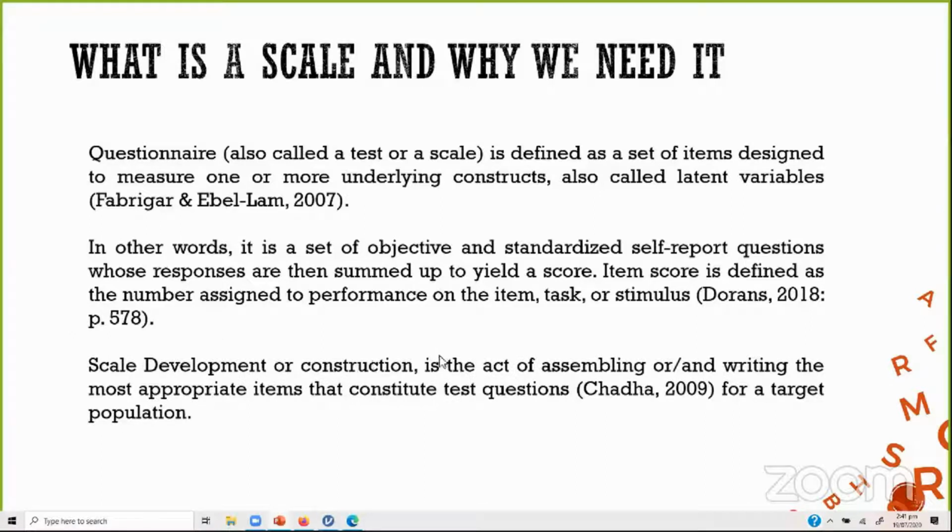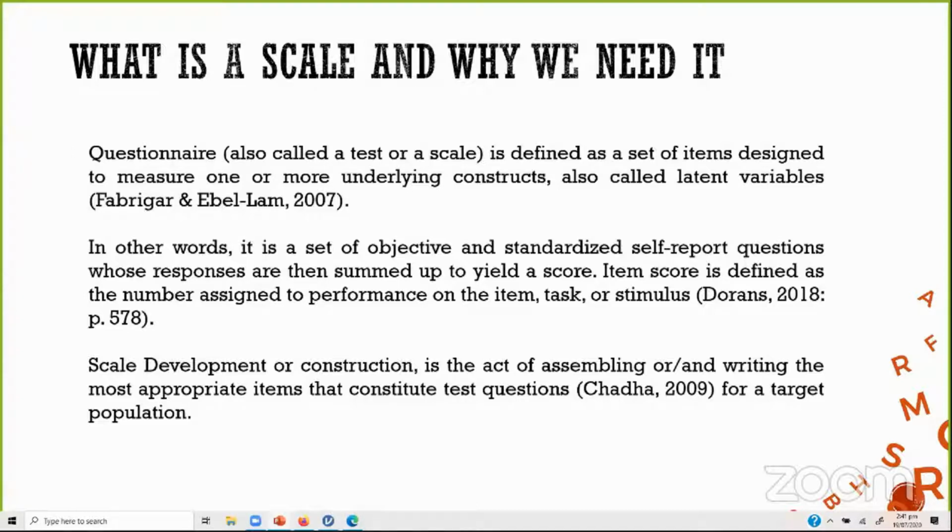Scale development or construction is the act of assembling and or writing the most appropriate items. Now this is very important. Your items, your questions, something that defines your scale should be very appropriate, in line with the operational definition, in line with the objective that you have set for your construct, that is, what it needs to measure.